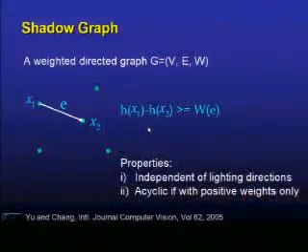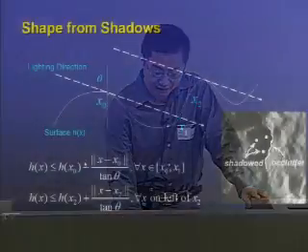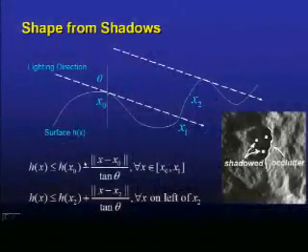Once we have the shadow boundary and also the shadowed pixels, we can set up a graph. Say that's the occluder, that's some shadowed pixel. We set up an edge between these two pixels, and the weight on this edge is the relative height difference, this quantity here. That is basically the lower bound of the height difference between two pixels.